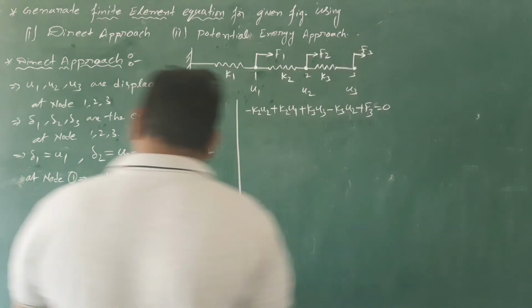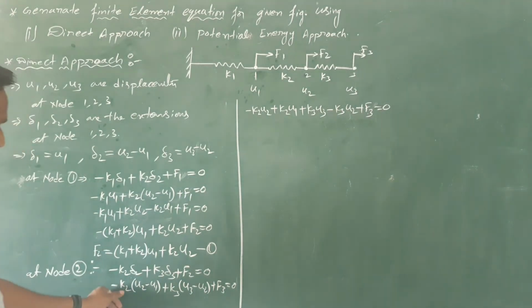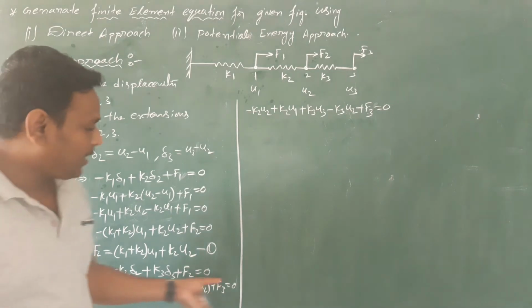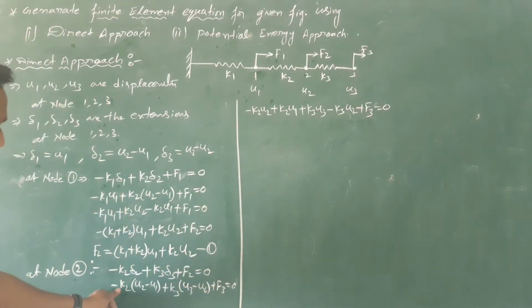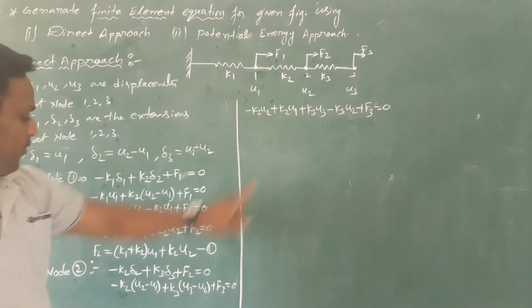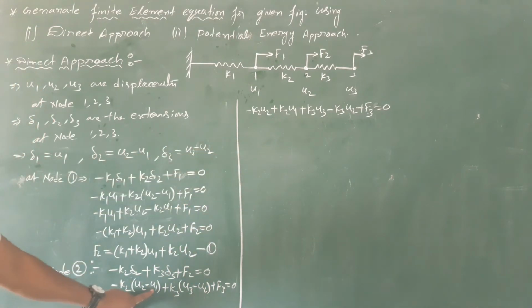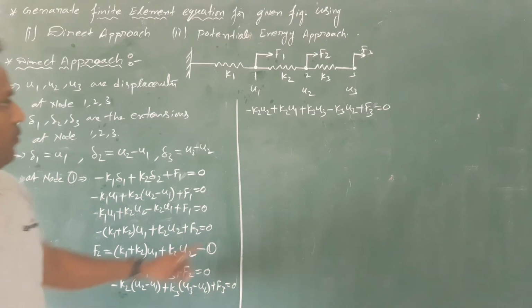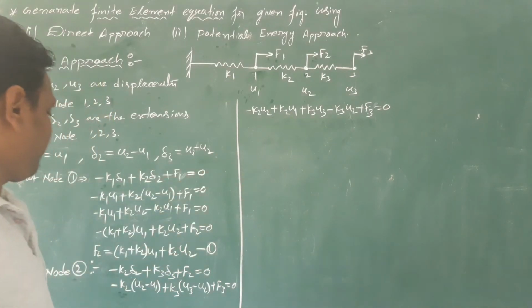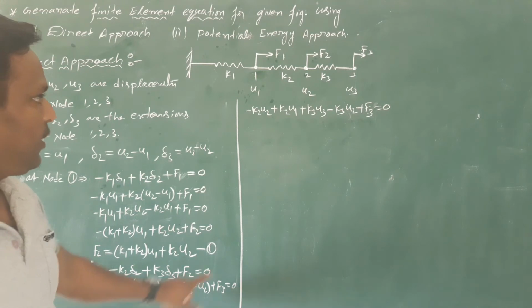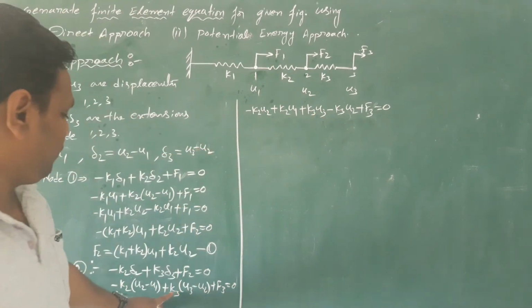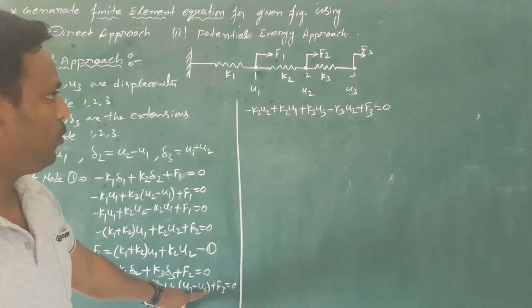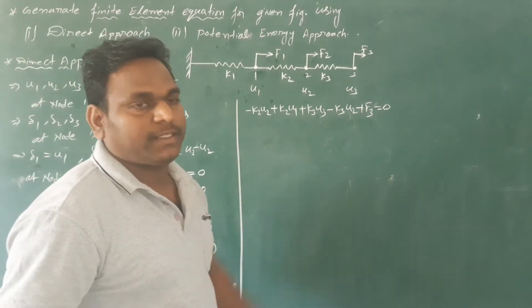Check it. Minus K2 into U2, plus K2 into U1, then K3 into U3 and minus K3 into U2, plus F3 equal to 0.